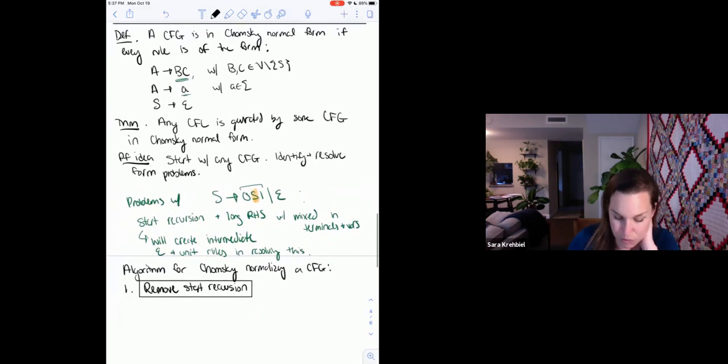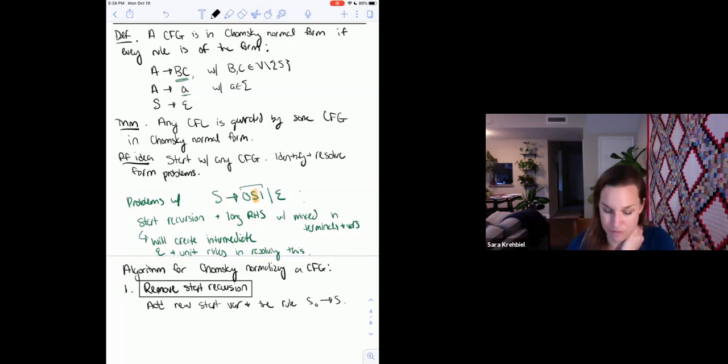The way we're going to remove start recursion is sort of like what we've done with some of our constructions that show how we can link two grammars together. We're just going to add a new start variable, and the rule S naught, our new start variable, is going to go to S.